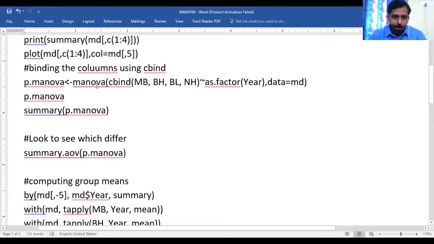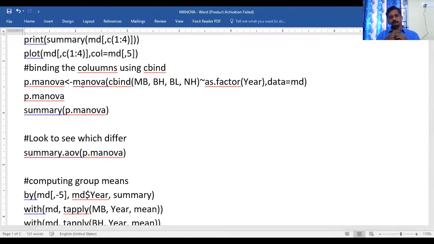Now we'll see how to do MANOVA. Why have we decided on MANOVA? Because in this particular Egyptian skull data, we have four variables, four characters at hand, and one factor variable that we have to define, across which they are to be compared. These four variables are to be compared across the different years of time.